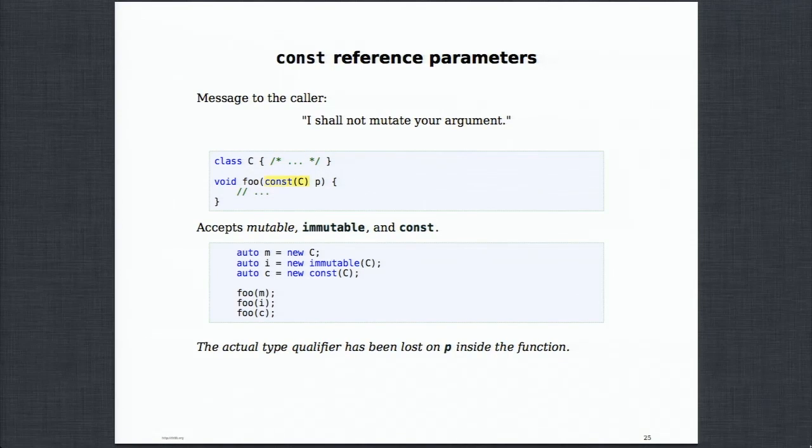I'm not going to touch it. This is great. That's the message that a const reference gives out. Again, I'm noting here that if you do this, the parameter itself has no idea what the original was. The original type qualifier is lost. It's just const in there.